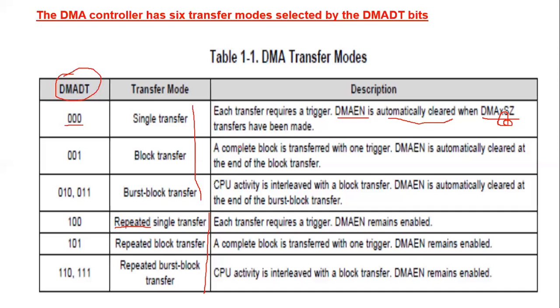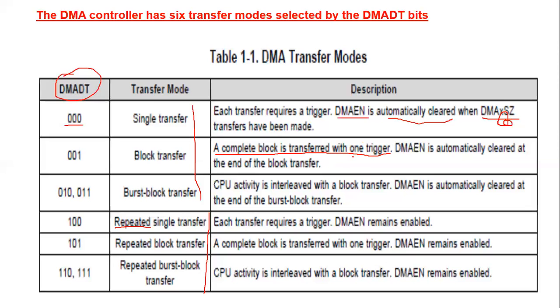Similarly, block transfer. Block means more datas; for example, 10 datas become one block. 10 datas are transferred one time, and again another 10 datas will be transferred another time. So that is called a block. Here, for example, I'm taking 10 data as an example, a block is transferred with one trigger. Previously, for one data one trigger was required, but here for one block of 10 data, one trigger is enough.